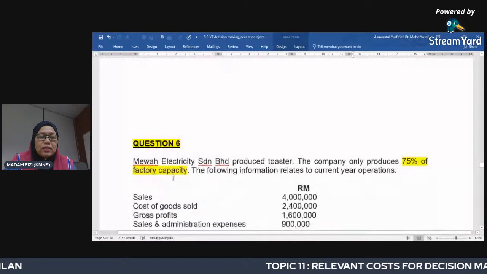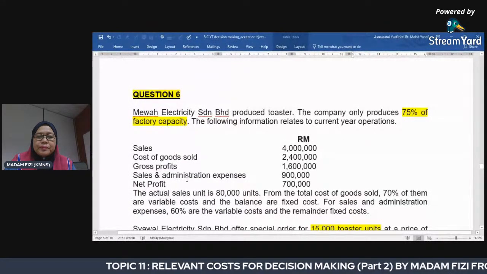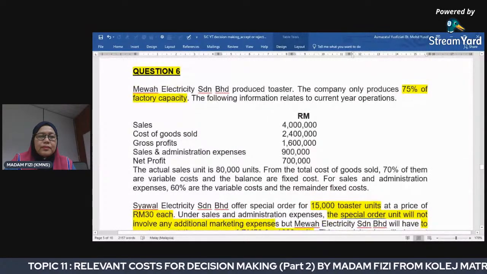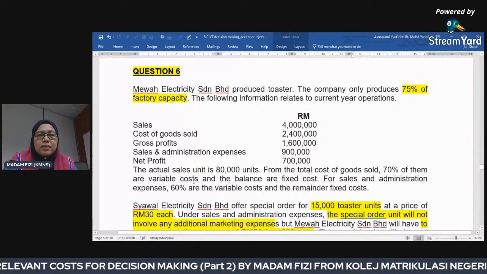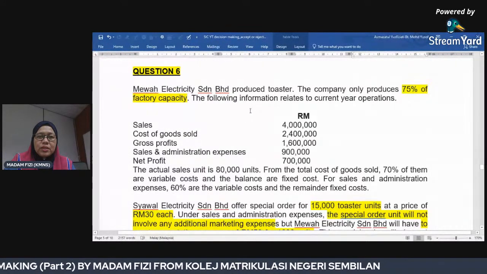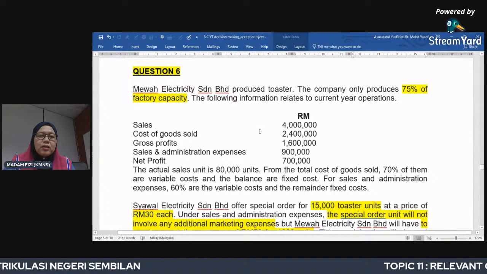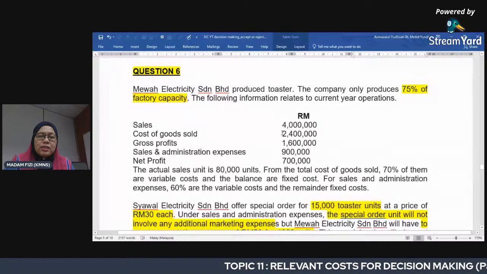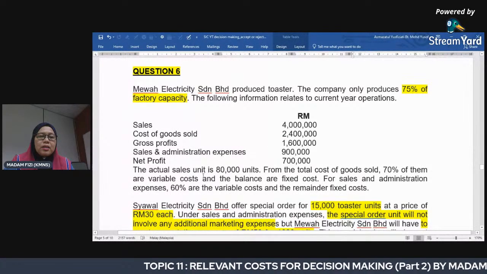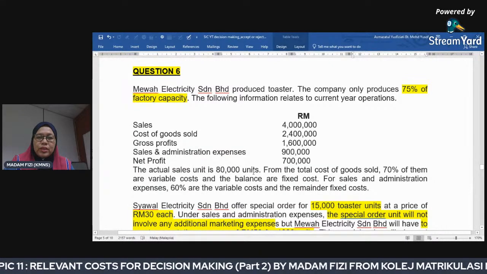Okay. Next question is Mewah Electricities Berhad. Mewah Electricities Berhad produces toasters. The company only produces 75% of the factory capacity. So these are the information related to the current year of operation. The actual sales is 80,000 units.